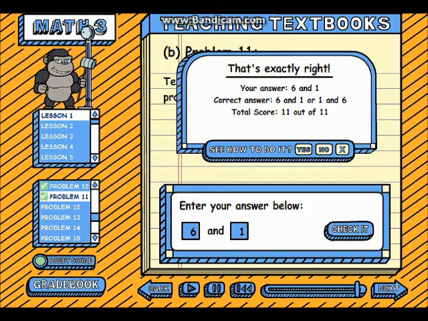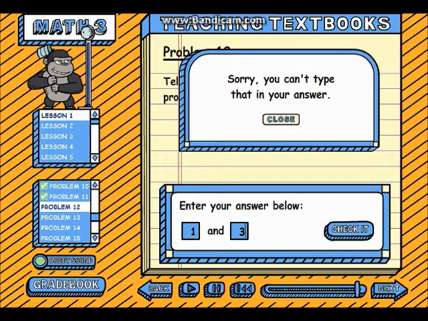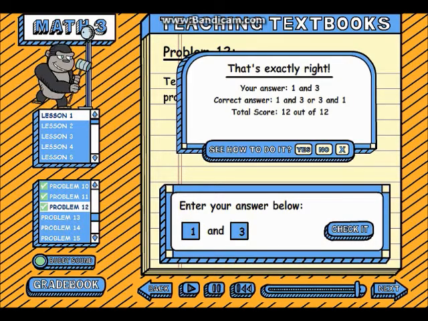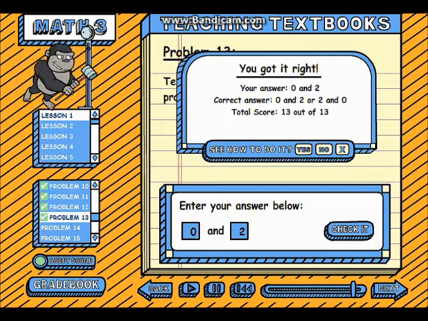Good job. For this next one, tell which numbers are the add-ins in 1 plus 3 equals 4. Awesome. For this problem, tell which numbers are the add-ins in 0 plus 2 equals 2. You did it.